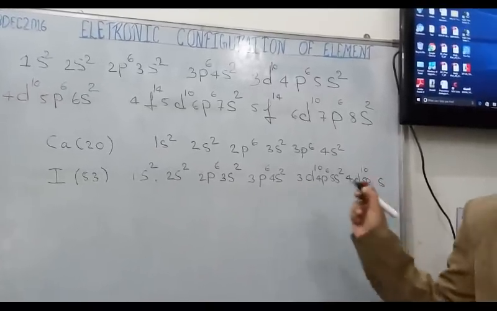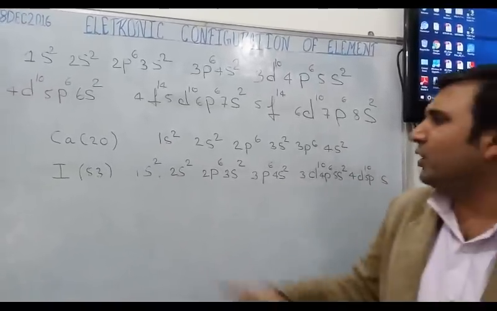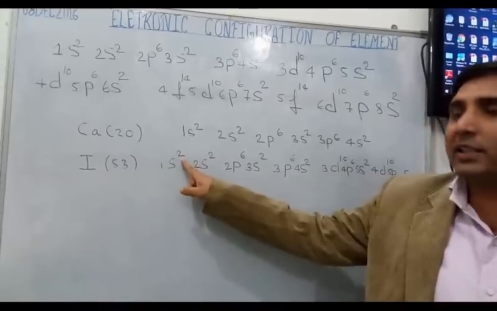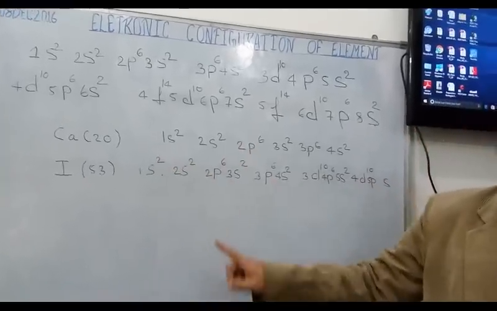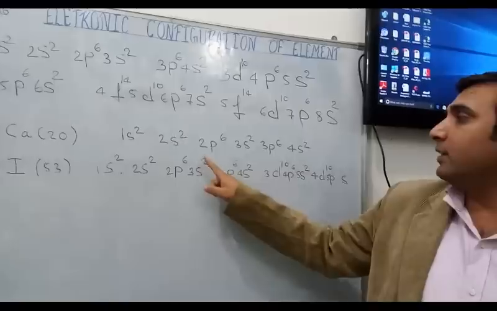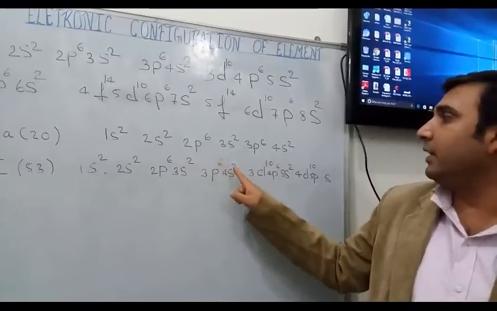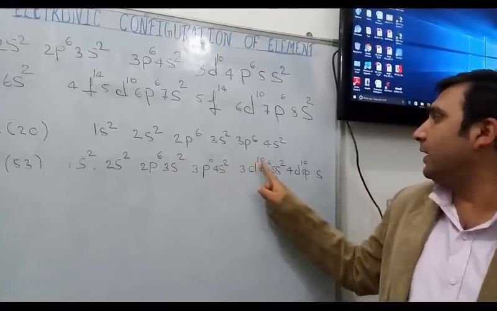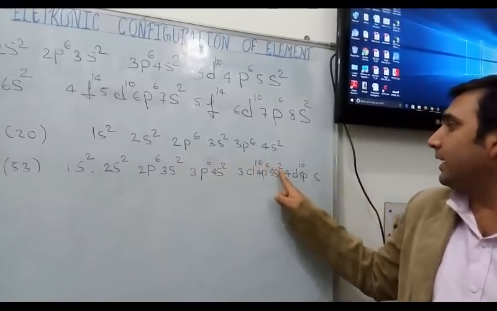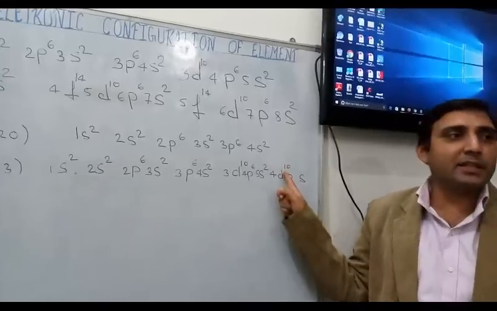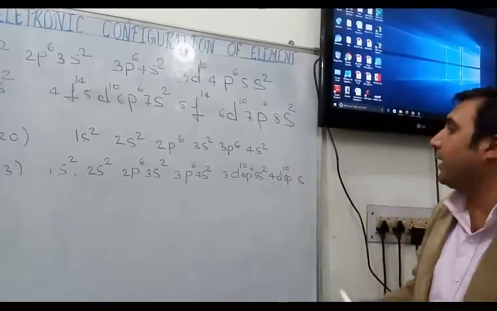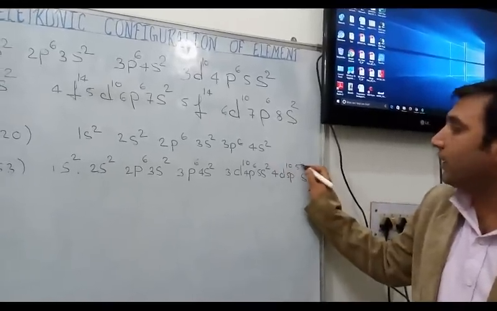Let's check how many electrons we have already filled. We can add all these electrons: 2 plus 2 is 4, 4 plus 6, 10, then 12, then 18, then 20, 30, 36, 38, 38 plus 10, how much? 48. Then 5 electrons will go here.